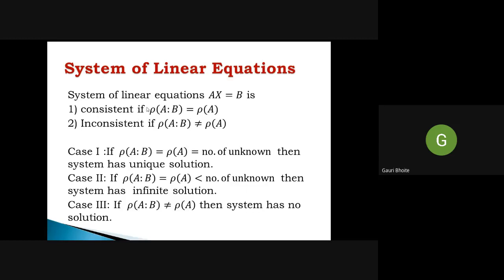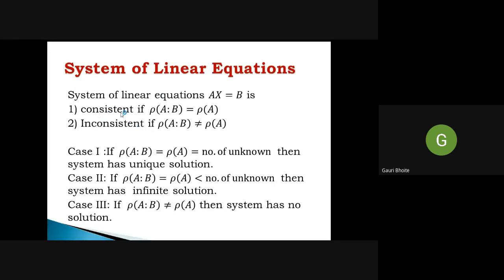If the rank of AB is equal to the rank of A, then it is consistent. If the rank of AB is not equal to the rank of A, these two ranks are unequal, then it is inconsistent, meaning no solution.